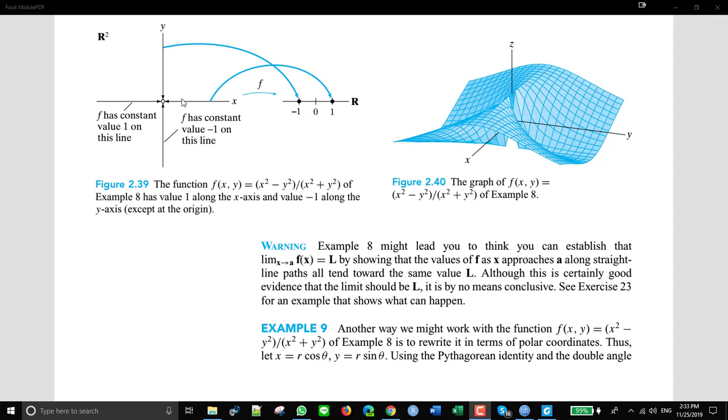Then maybe we can conclude that whatever that number is, if we call it L, that's the limit. She says, although this is certainly good evidence that the limit should be L, it's not conclusive. It's by no means conclusive. See example 23 for an example that shows what can happen.